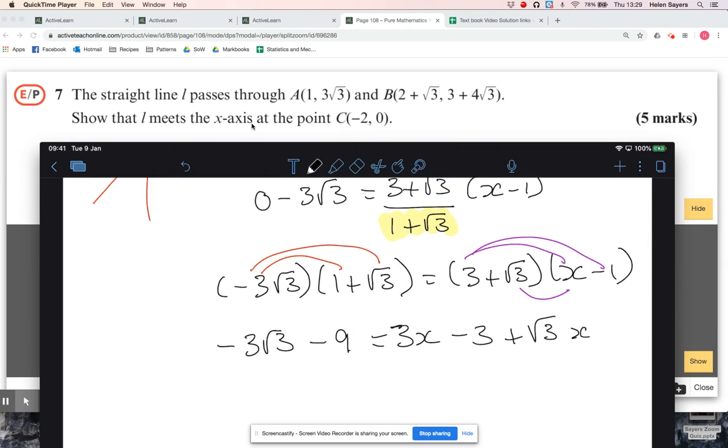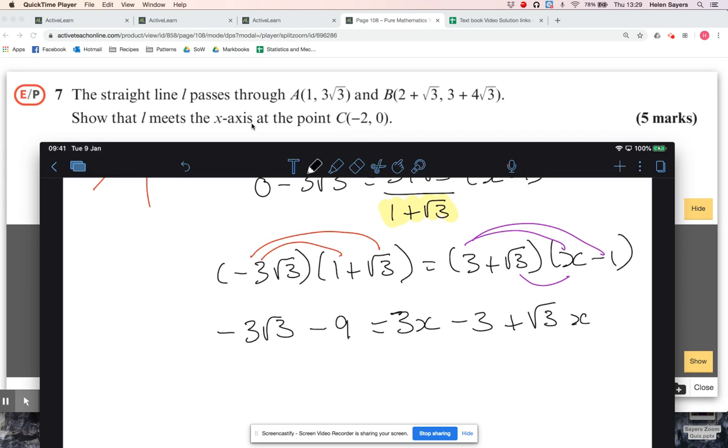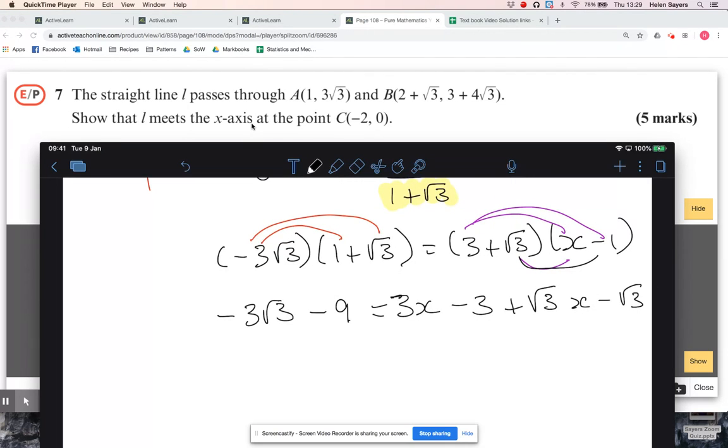Be careful, that x is not inside the square root, and then I've got root 3 times minus 1. Okay, so I'm basically trying to find x. So I'm going to take all my non-x terms over to the left-hand side. So I've got the minus 3 root 3 and the minus 9. I'm then going to add that 3 over, and I'm going to add that minus root 3 over.